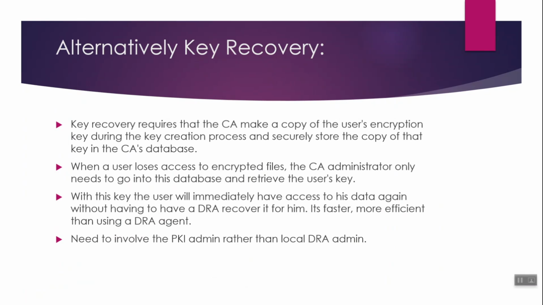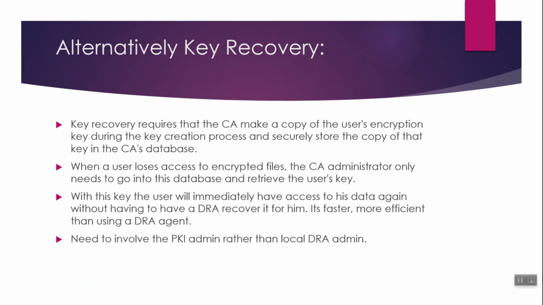So data recovery, we need it because the user has lost his RSA keys. The RSA keys were used to encrypt the EFS keys, which were used to encrypt the files. So data recovery is the process by which we go to a person called the data recovery agent. The data recovery agent shadows the user.